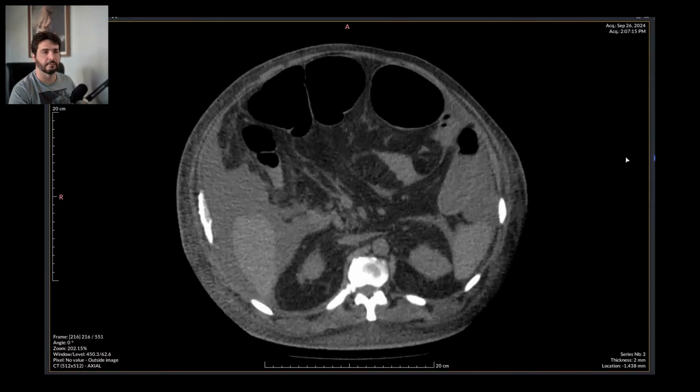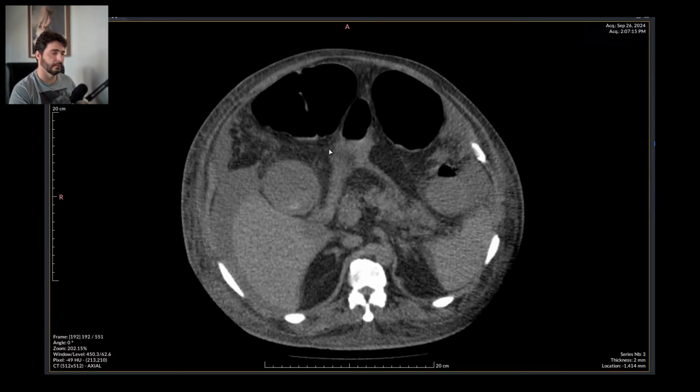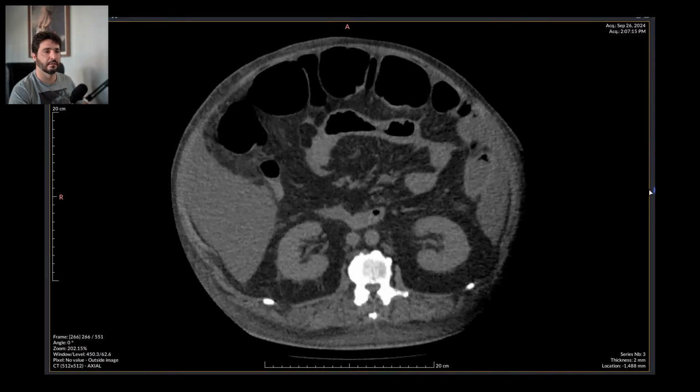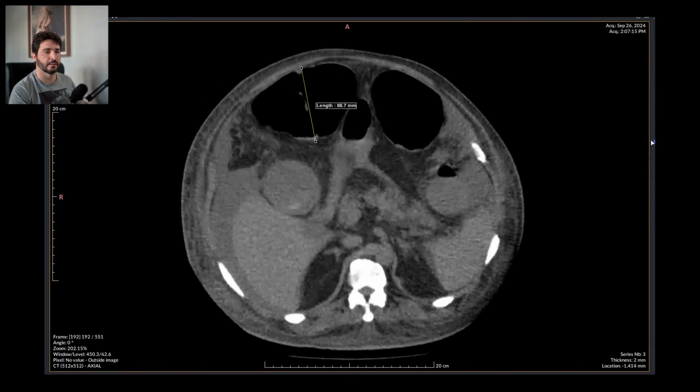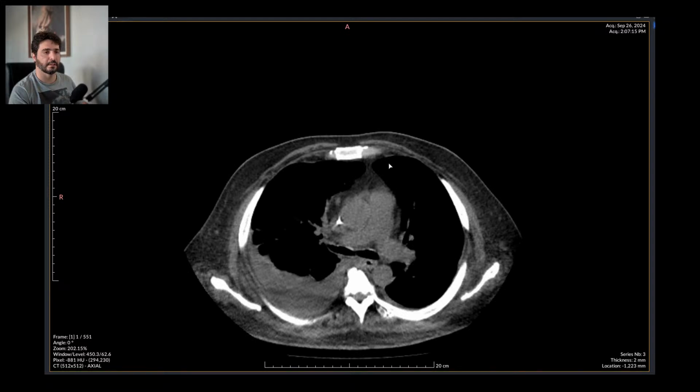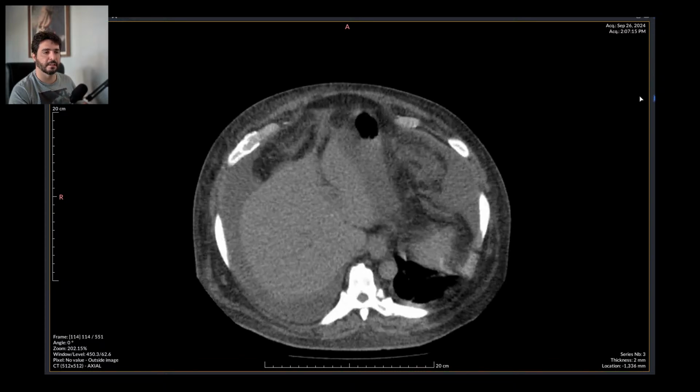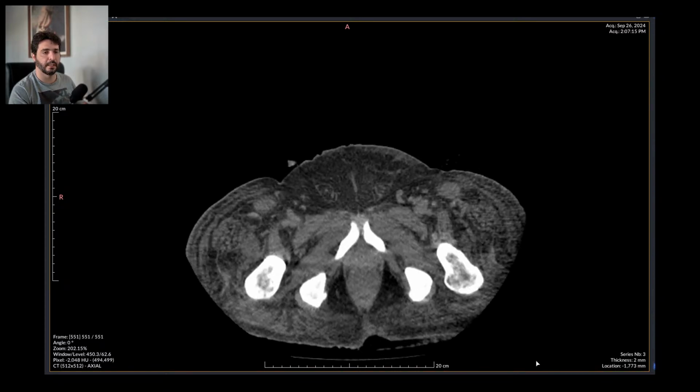It makes no freaking sense to end this scan right there. Just stupid. It's really stupid to do that. You guys go all the way to the superior portion of the chest, which makes no freaking sense. They just can't do a proper pelvic scan. You just can't do it.